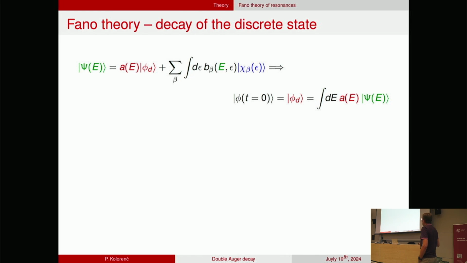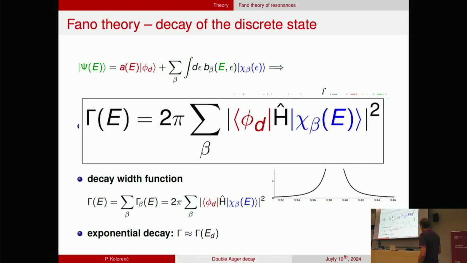So what we do, we use Fano theory of resonances, which describes the continuum wave function as a discrete square integrable state embedded in several continua. I will cut the story short. Ultimately, you arrive at a formula for the decay width, which is very similar to the Fermi golden rule.